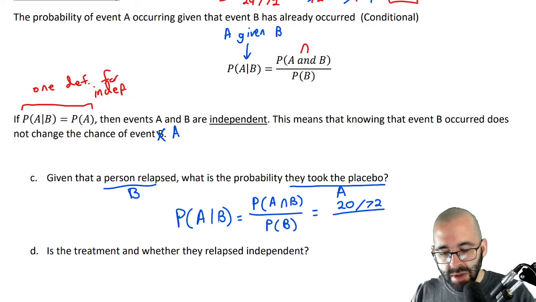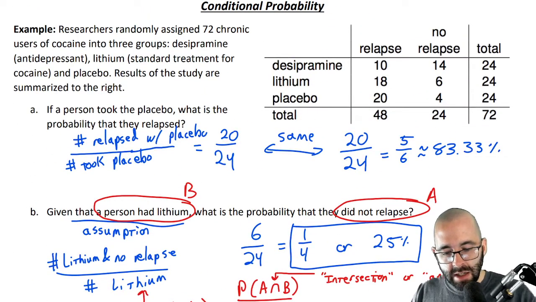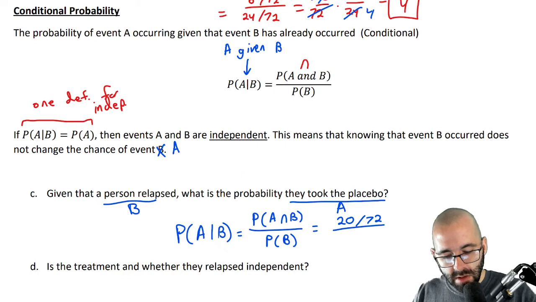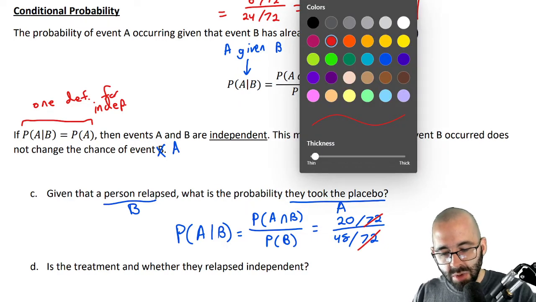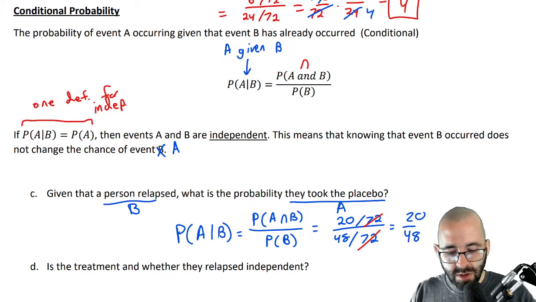Divided by, what's the probability that they relapsed? The probability that they relapsed is going to be 48 out of 72. And again, just like last time, these 72s are just going to cancel out. And we're going to be left with 20 out of 48, which translates to 5/12.